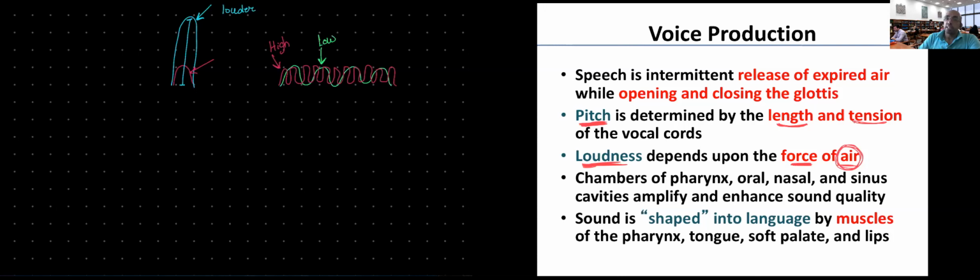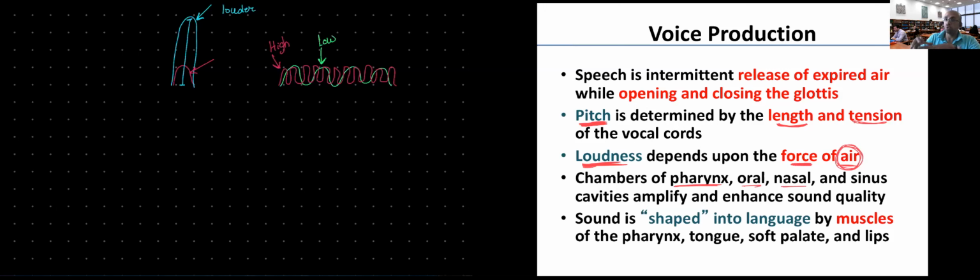This sound that we have emitted from the larynx by vibrating the vocal cords needs to be modified, and the modification of the sound here is going to be taking place in the pharynx, in the oral and nasal cavities, and the nasal sinuses. And all those cavities together will be amplifying and enhancing the sound.